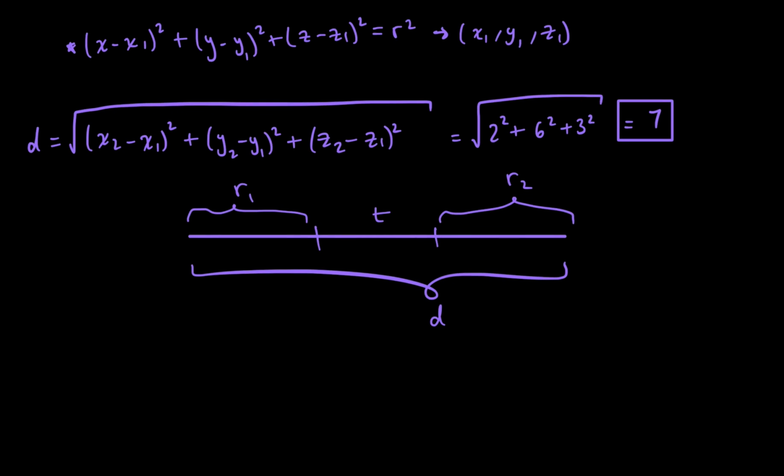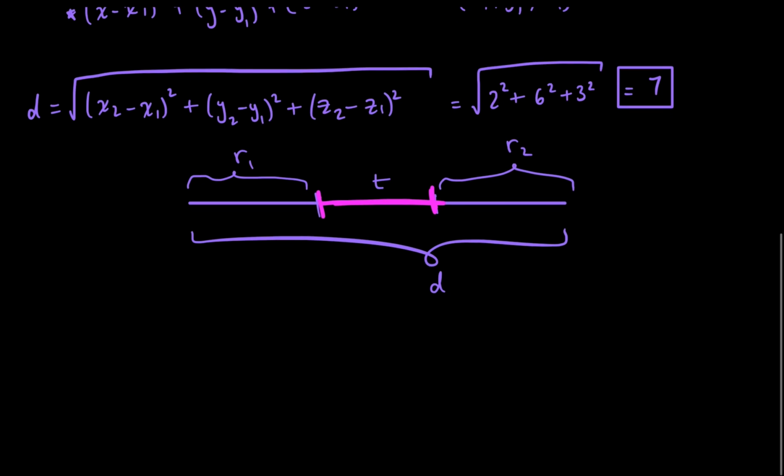I could use different colors. Okay. So what would t be if I have the entire distance and then I have r1 and r2? Well, that little piece t is the whole distance d minus that little piece here, which is r1, and the other little piece, r2.